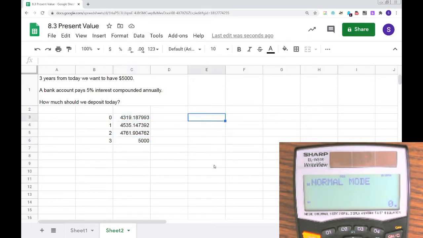So we can check our answer to see if we're correct and do things the way we were doing them before. We could take that value. I'm going to round it to the nearest cent.